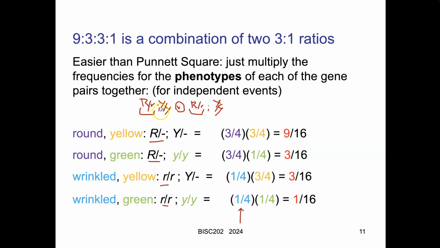And then the second thing you look at is this cross, as if it was being done independently, separately, which it sort of is, and that's shown here.